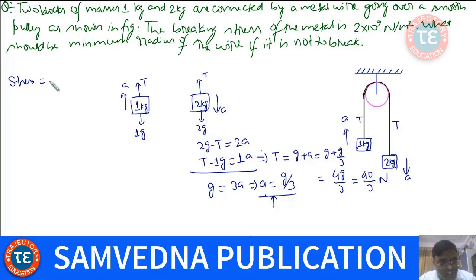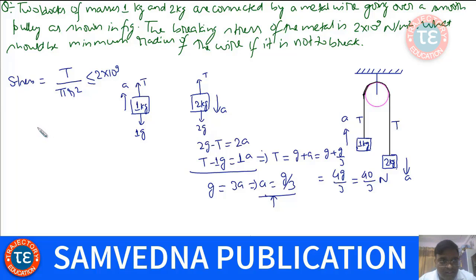And if I want to calculate the stress, it is tension upon cross-section area, and this should be less than or equal to 2 × 10^9, right?